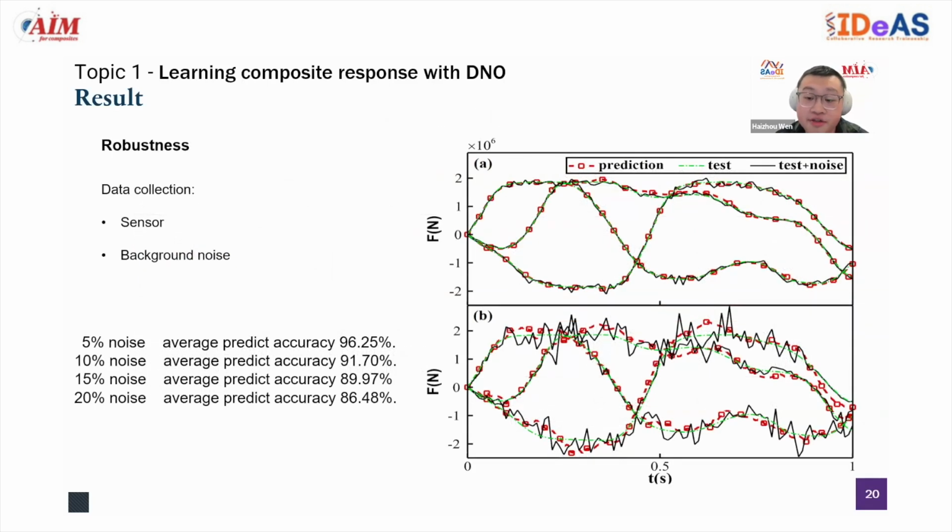One thing to mention is that the robustness of the neural network model is also very critical. If the training data is obtained from experiment data with some noise, the error generated due to the inserted noise is less than the percentage of the noise. So this shows our DON model demonstrated robustness in this task.